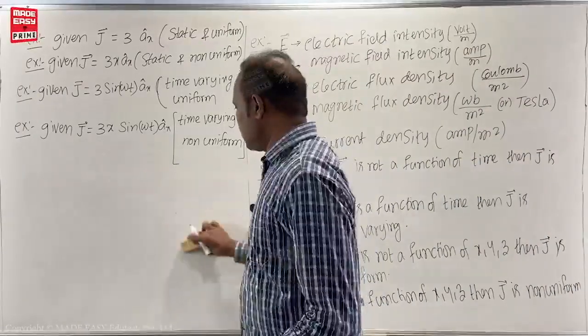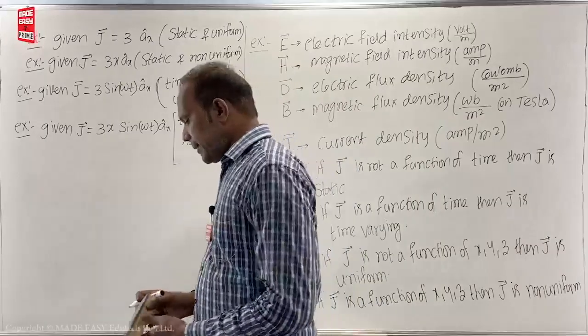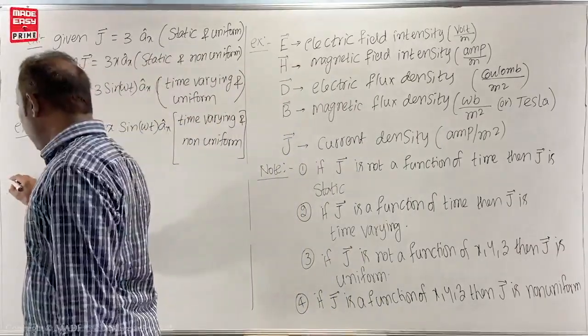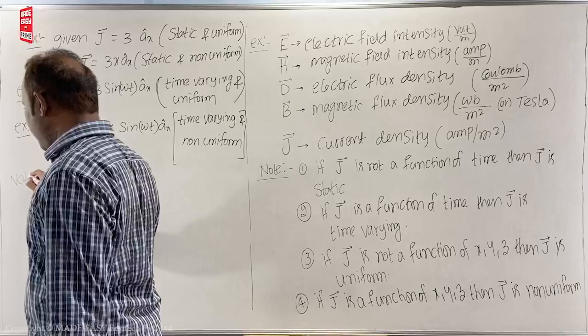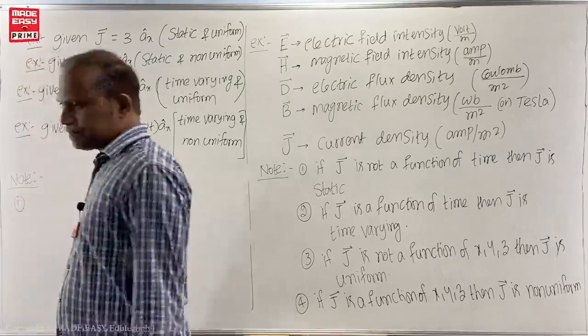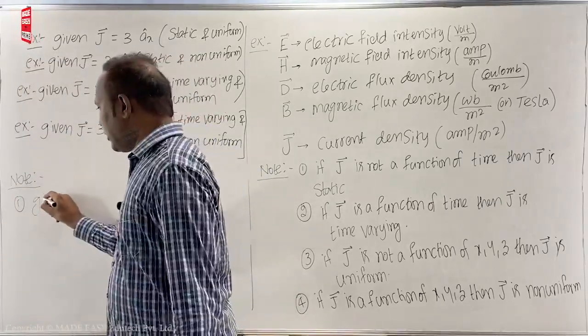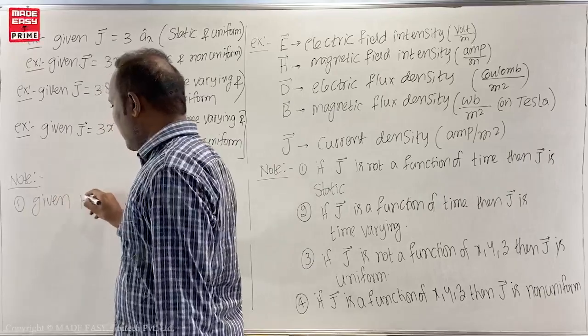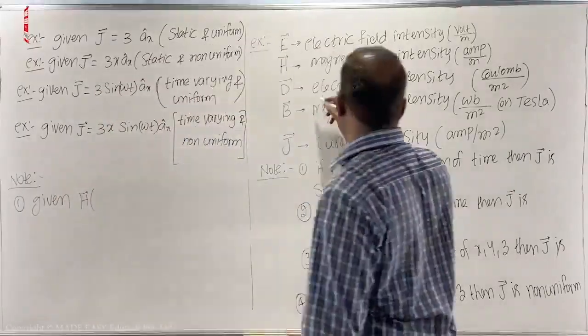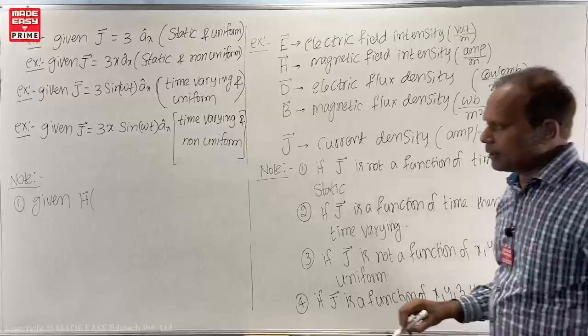So, I will take one example now. You see this one. Note observation, students. First one. Given h bar, what is h bar here? Unit you see, ampere per meter. That is a vector.